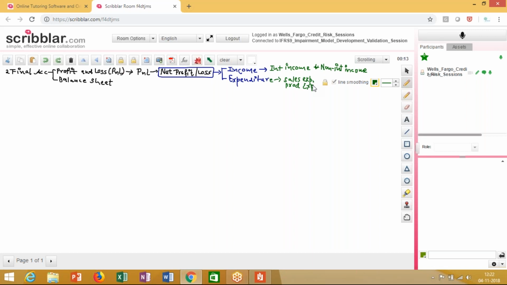So over here, how would the P&L statement look? The P&L statement of a bank would very simply look something like this.